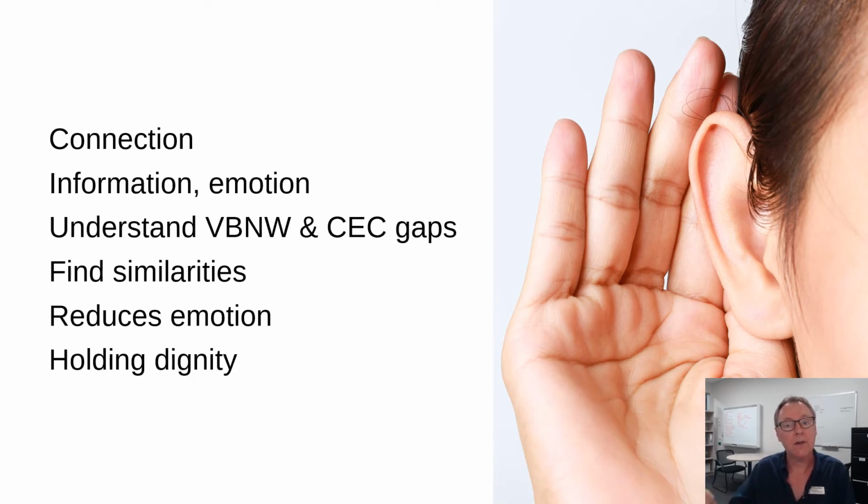And again, all this information can help you to not only de-escalate, but come to creative solutions with the conflict. Listening also helps us find similarities in what we believe, and that can provide a way forward too. It obviously reduces the emotion and the intensity of the situation, and it ensures that people are treated in a dignified way.